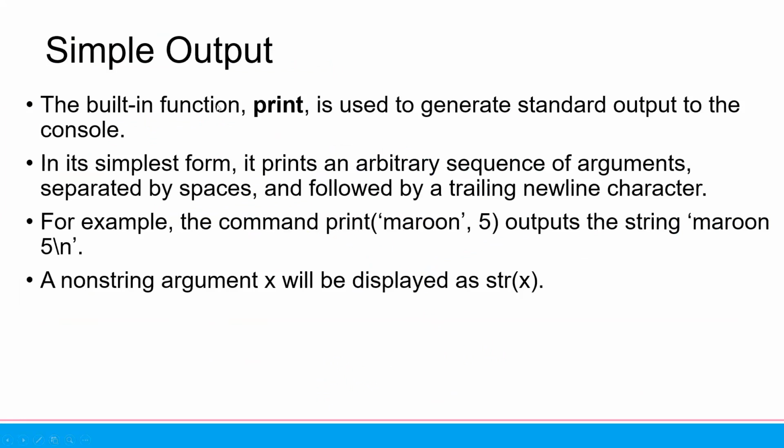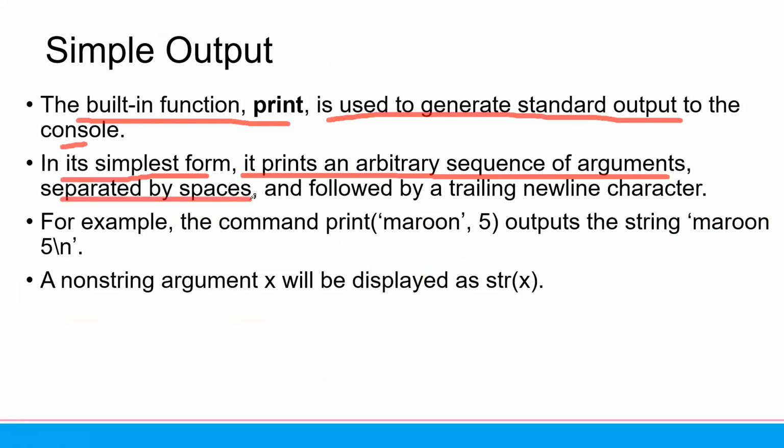I think you already know the simple output. We usually use print to represent the simple output, and it is used to generate standard output to the console. In its simplest form, it prints an arbitrary sequence of arguments, separated by space and followed by a trailing newline character.